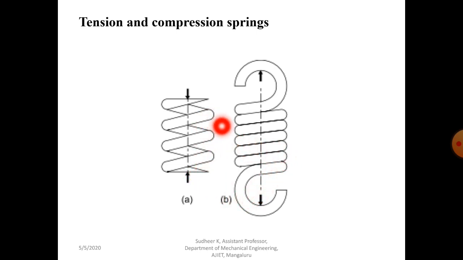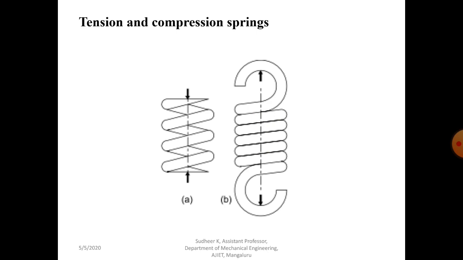A tension spring is one that, when subjected to tension, has its coils stretched, and the stress induced in the wire is always shear stress. Even though you apply a tensile or compression load, the stress in the wire is always shear in nature.